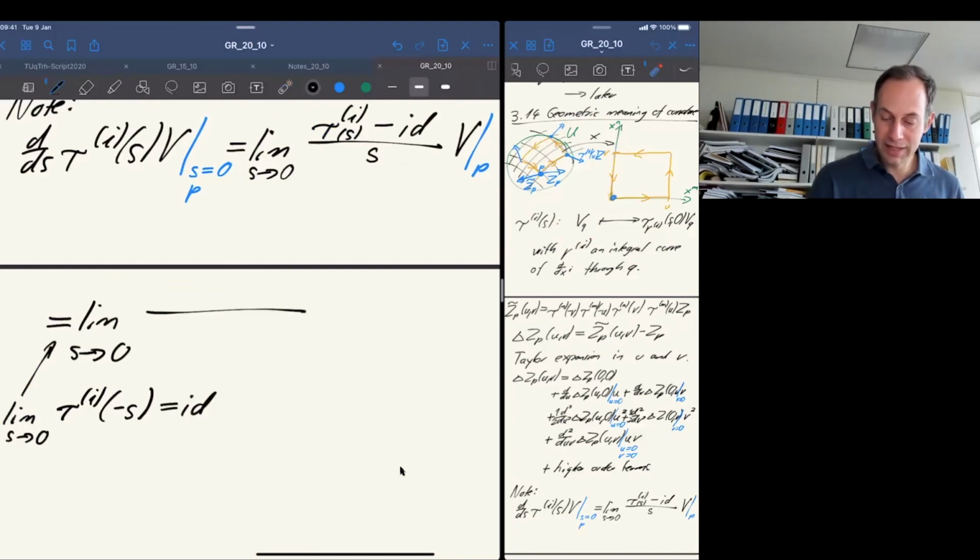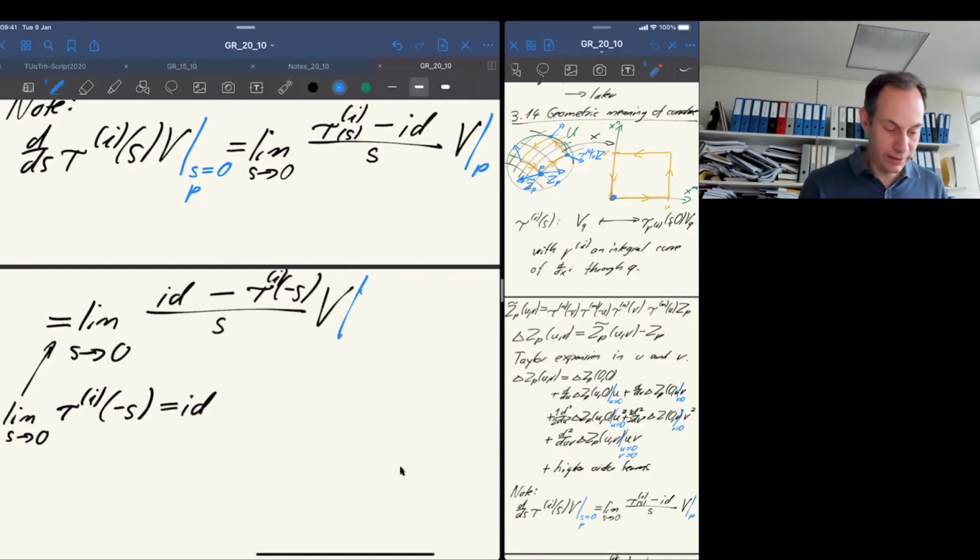Here I will just get the identity in the first term, because obviously multiplying this with its inverse just gives the identity. But the identity multiplied with the inverse gives just, of course, this inverse of tau. So I've essentially just moved the tau to the other side. That's the only thing I achieved here. And then again, I evaluate this at the point P at the end.